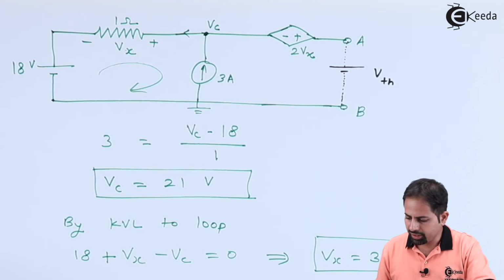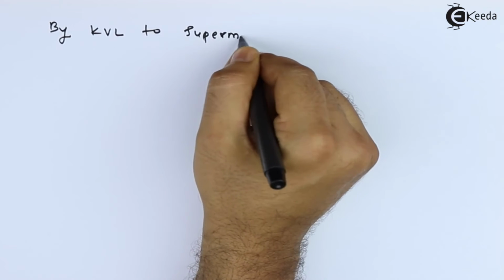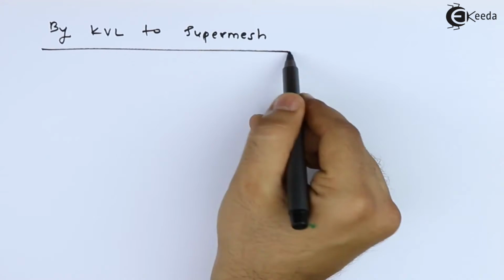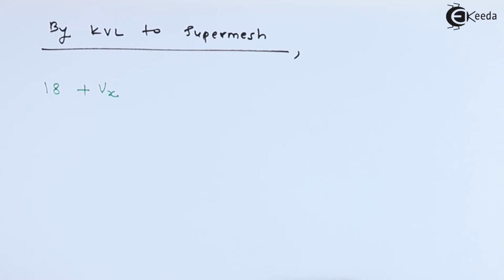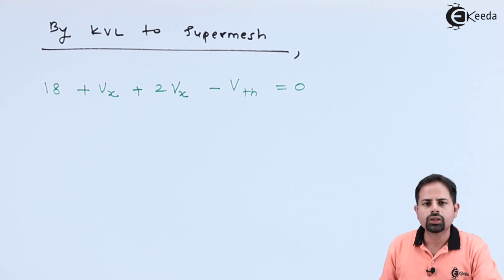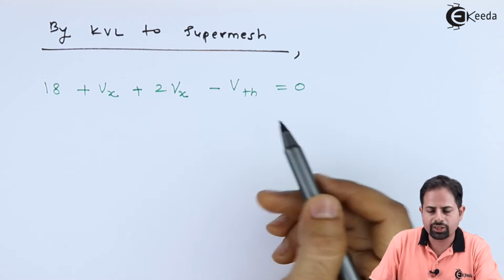So by KVL to super mesh, that is the equation which we are getting. As we want Vth, we'll take it at one side.